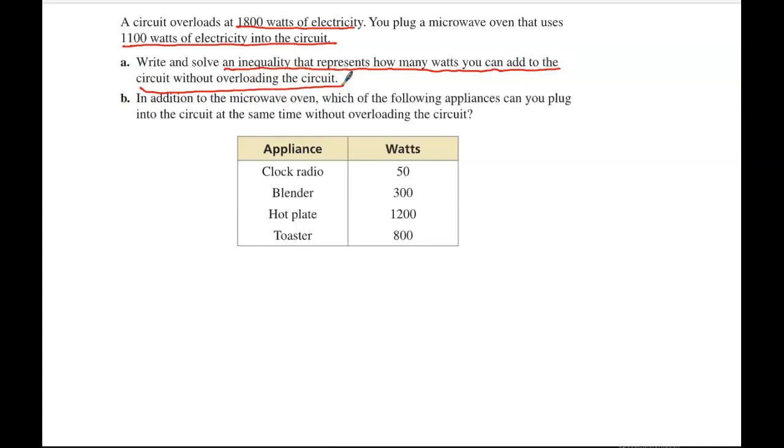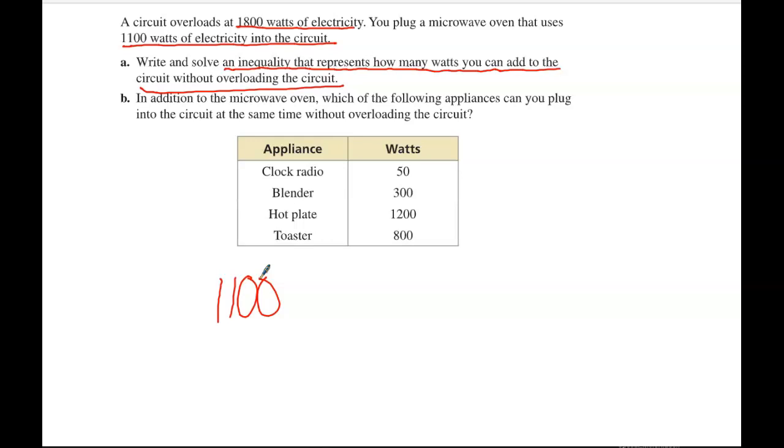Okay, so if we have our microwave plugged in, how many watts are already there? 1,100. So if we plug in the microwave, it's 1,100 watts that we've already used, right? Can we plug more things into that plug though? Yes, we can.